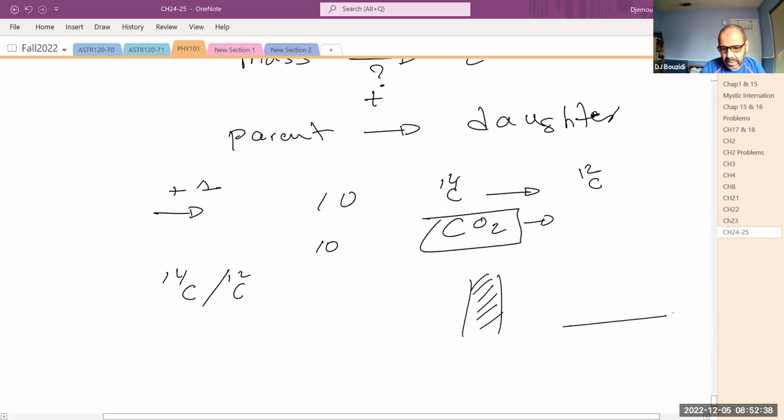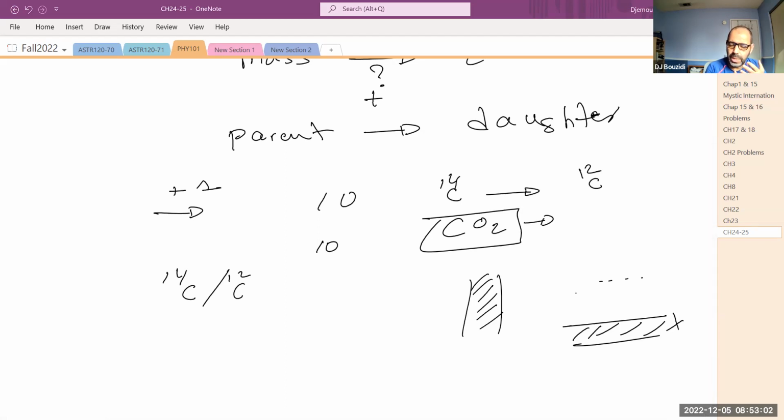Now, when the plant dies, it's not taking any more carbon. So the carbon that it has in it is already done for. It doesn't have any additional carbon. So the carbon-14 that it has starts to decay to carbon-12 on its own, because of the processes we were describing earlier.